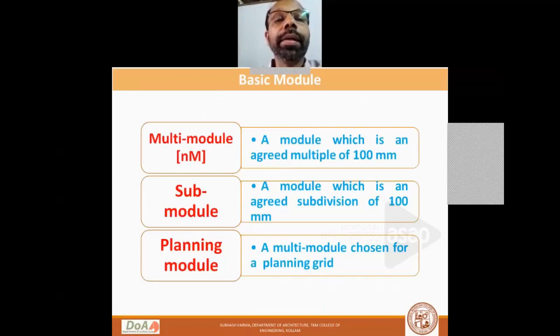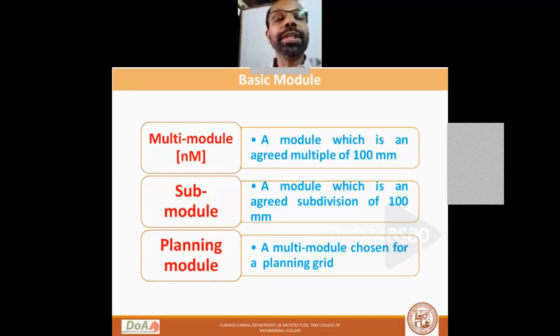So apart from the basic module, we can have multi-modules, sub-modules, and something called a planning module. Multi-module is an agreed multiple of 100 mm. 100 mm is the standardized modular unit as per the International Standard Organization, ISO.